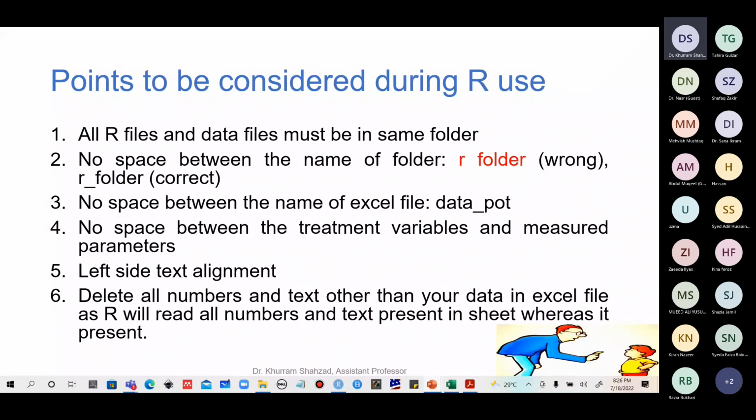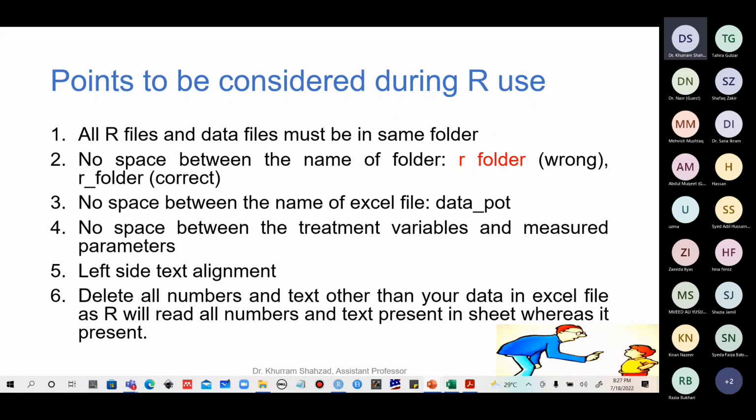The data file should not be in one folder and the R script in a different folder, otherwise R will be confused about where to import data from. So you have to put all your materials, the data file and the R script, in the same folder. They should not be in different locations in your system. If they are in different locations, then R will give you errors.